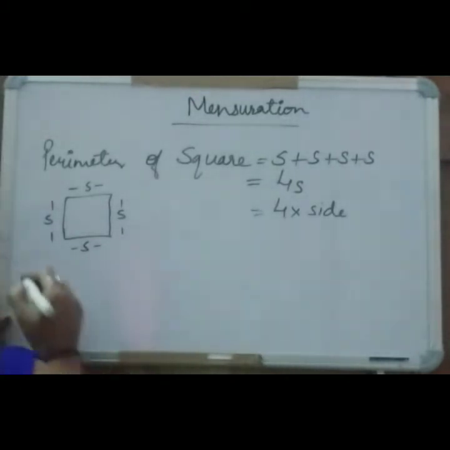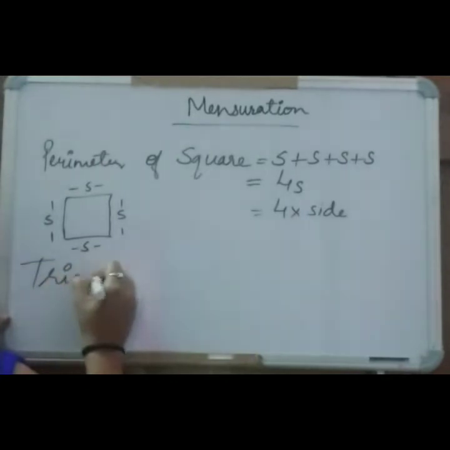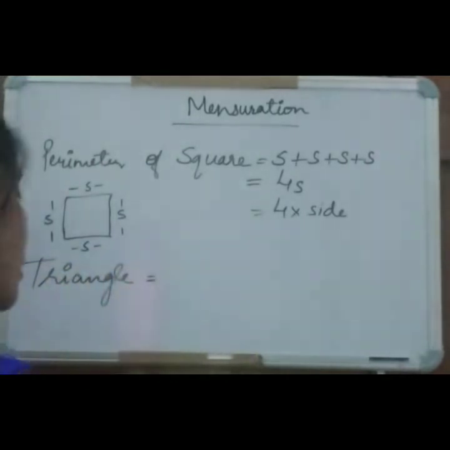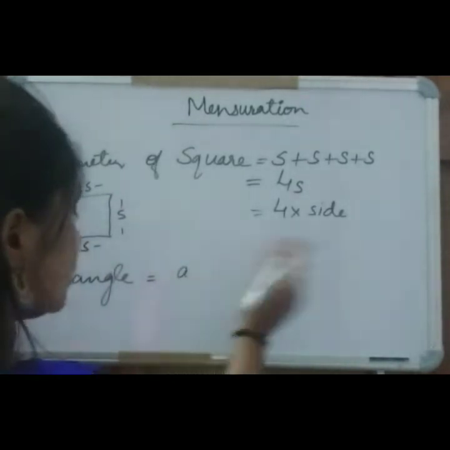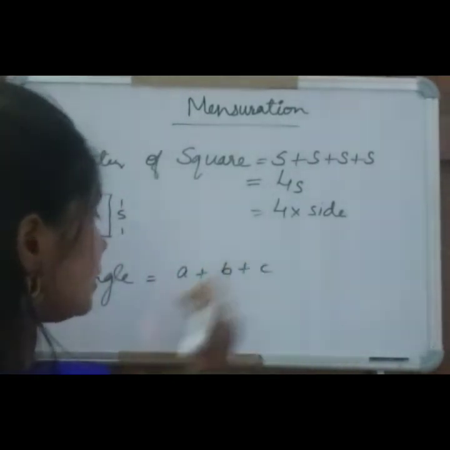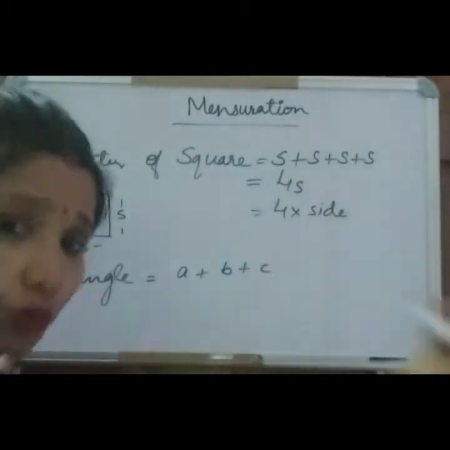Okay. Now come to the triangle. Now see, triangles we know are of 3 types: isosceles, equilateral and scalene. If we have a scalene, we will add all the sides: A plus B plus C, means addition of all the three sides.